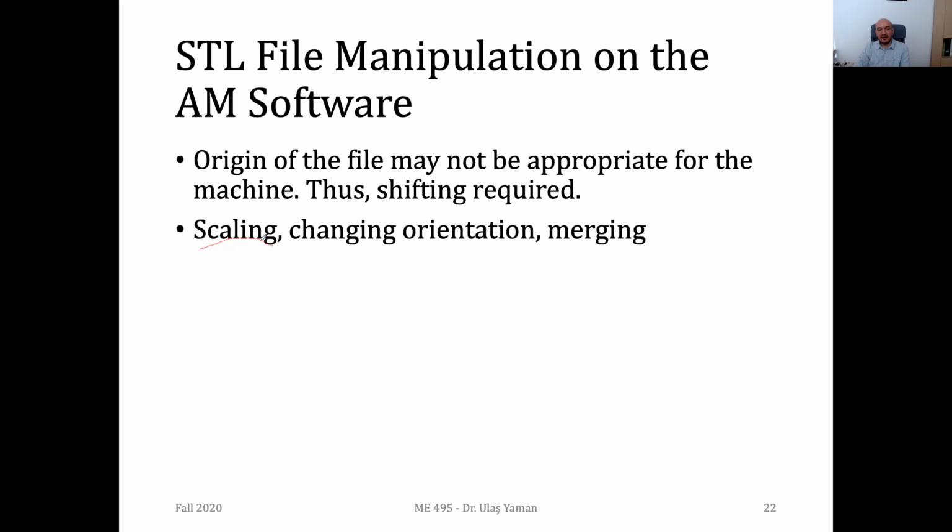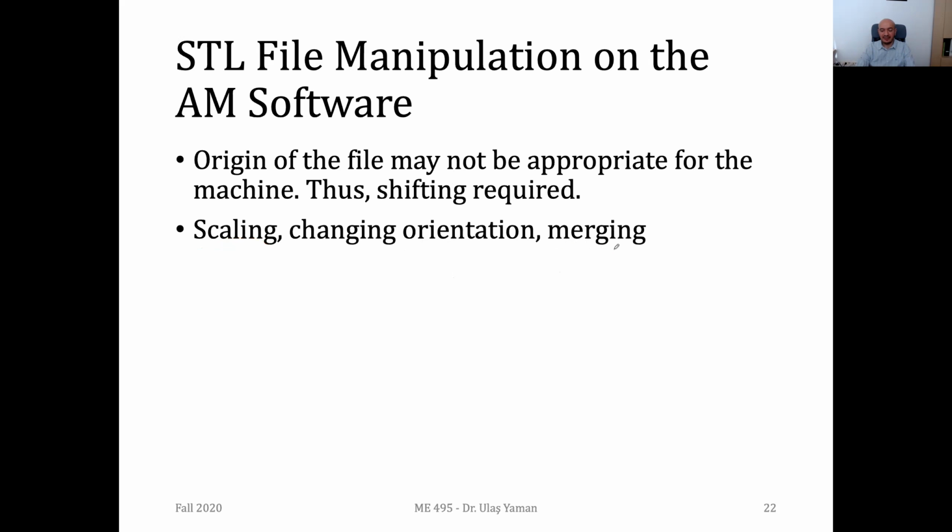Since the file is unitless, by simply multiplying with some values, you can easily scale them. You can rotate them. Once you do rotation, obviously, you need to modify the normals. And another easy thing we can do is to merge them together, or sometimes we can also divide them into smaller parts.